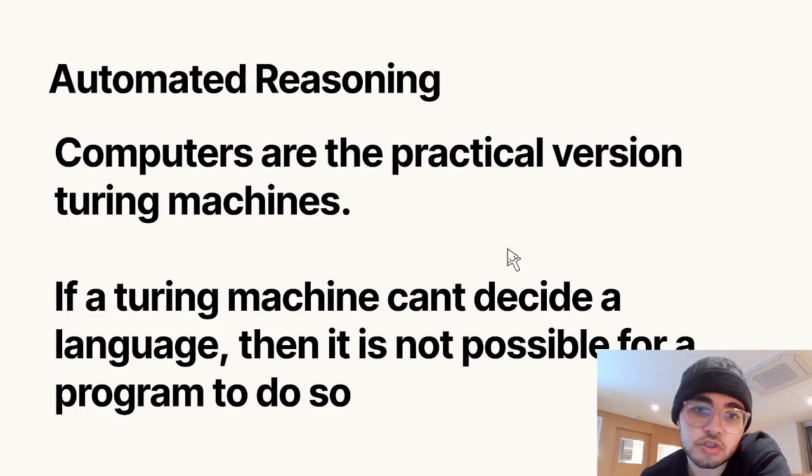So also about automated reasoning, computers are the practical version of Turing machines. So if a Turing machine cannot decide a problem, a computer will not be able to. Let's say we have a problem that we need to solve, but the problem itself is not decidable. So we know we cannot do it.